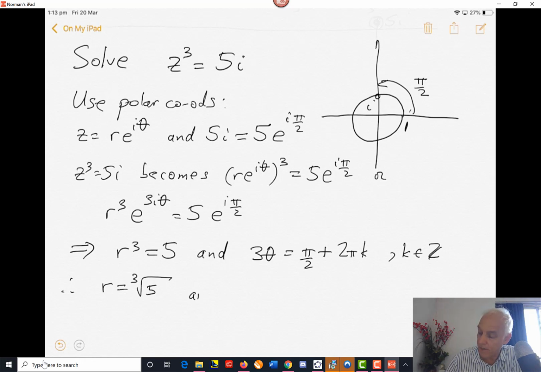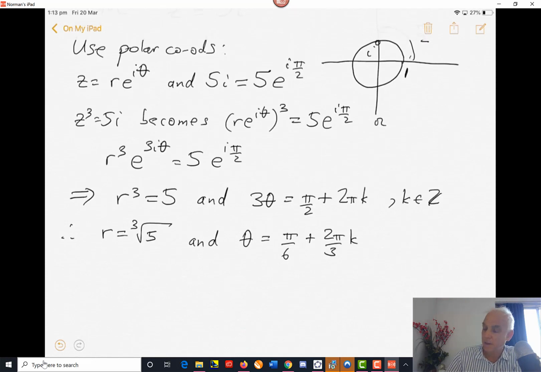And what about theta? Solving for theta, we get theta equals pi over 6 plus 2 pi on 3 times k. There are going to be 3 solutions, because as k varies through the integers, this 2 pi on 3 will repeat itself every 2 pi whenever k goes up by 3. So we get solutions. Theta equals pi over 6 when k equals 0.